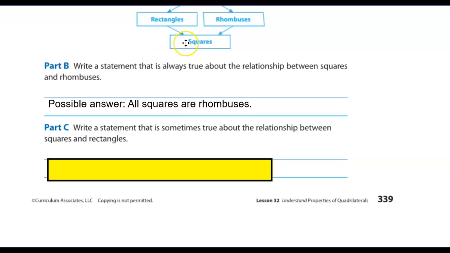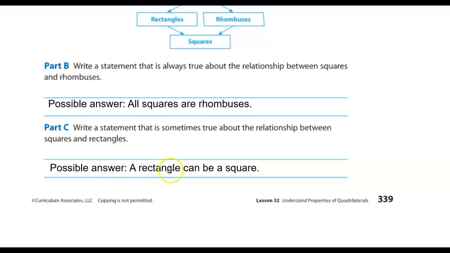Pause the video, write your answer, and when you resume, you can make any notes that you need. All right, welcome back. Possible answer. A rectangle can be a square.